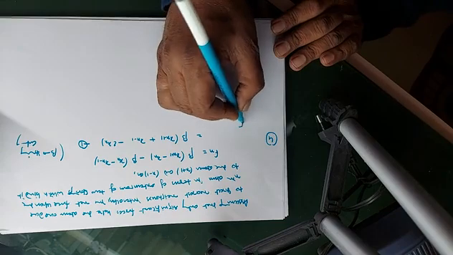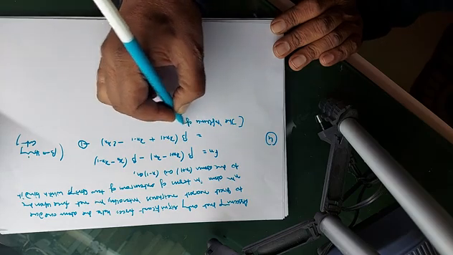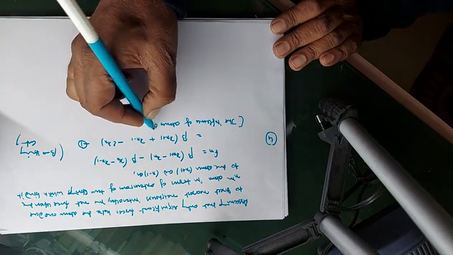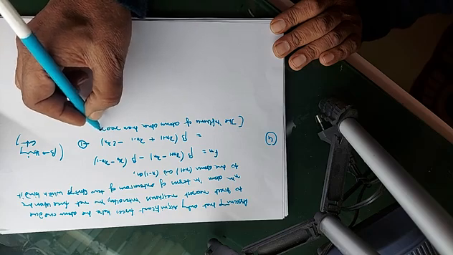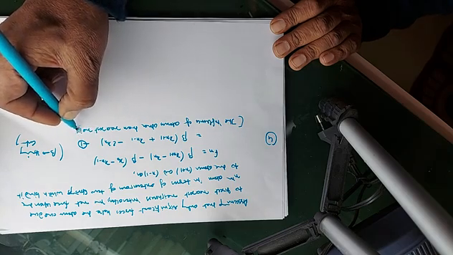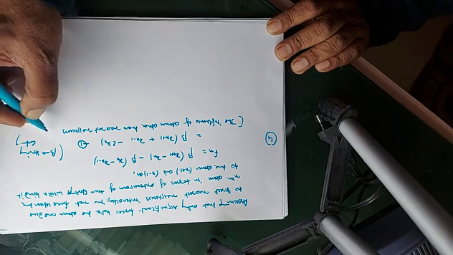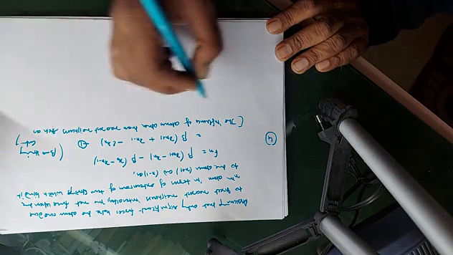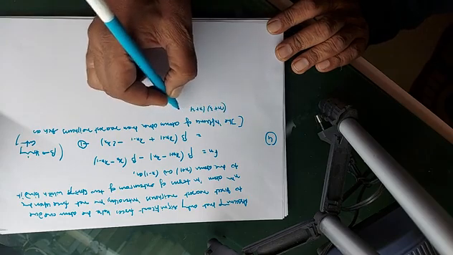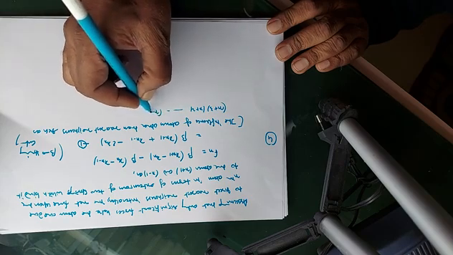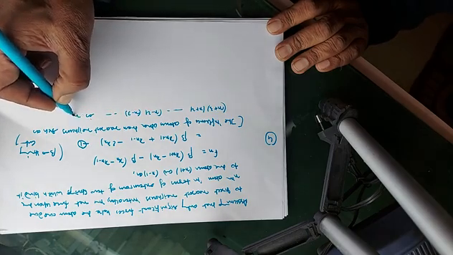Now the influence of atoms other than nearest neighbors such as n plus 3, n plus 2, n minus 2, n minus 3 is neglected.